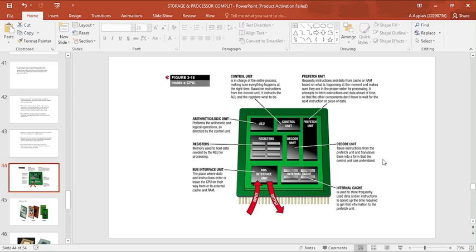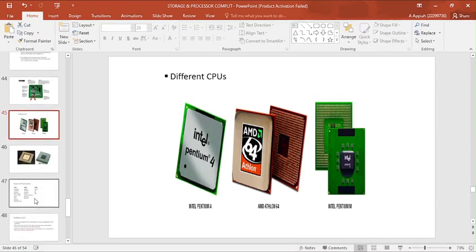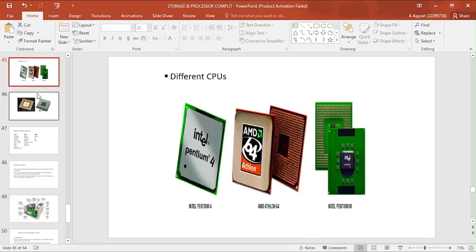So we have a picture of a CPU with all the various components or units of it. We have examples of CPUs, the AMD, the Intel Pentiums. So these are all examples of CPUs in pictures, as we can see.